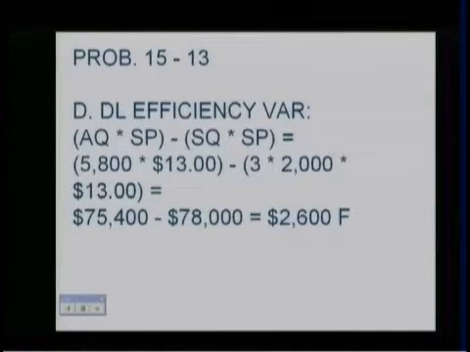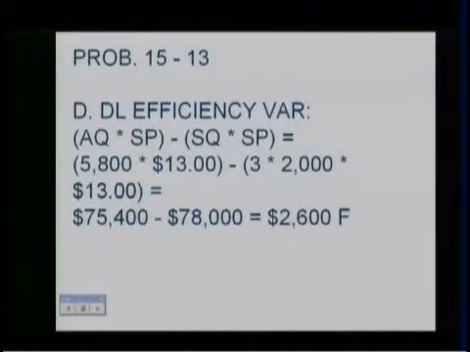Let's look at the next variance for direct labor, where we take our actual quantity times our standard price, which would be 5,800 times $13. And again, we have to figure out our standard quantity. In the purple box, it tells us it takes 3 hours for each of the cases, and we made 2,000 cases. So that should be 6,000. 6,000 times $13 would be $78,000.